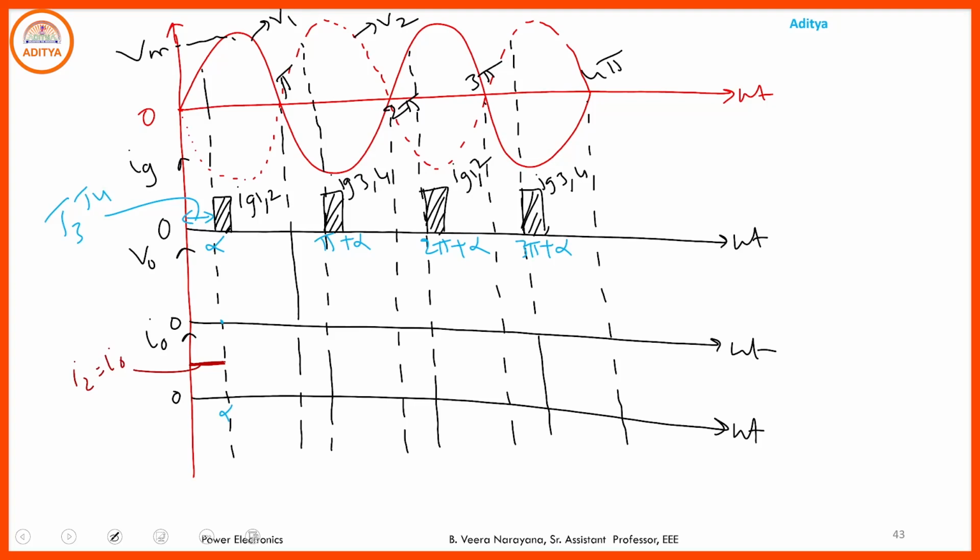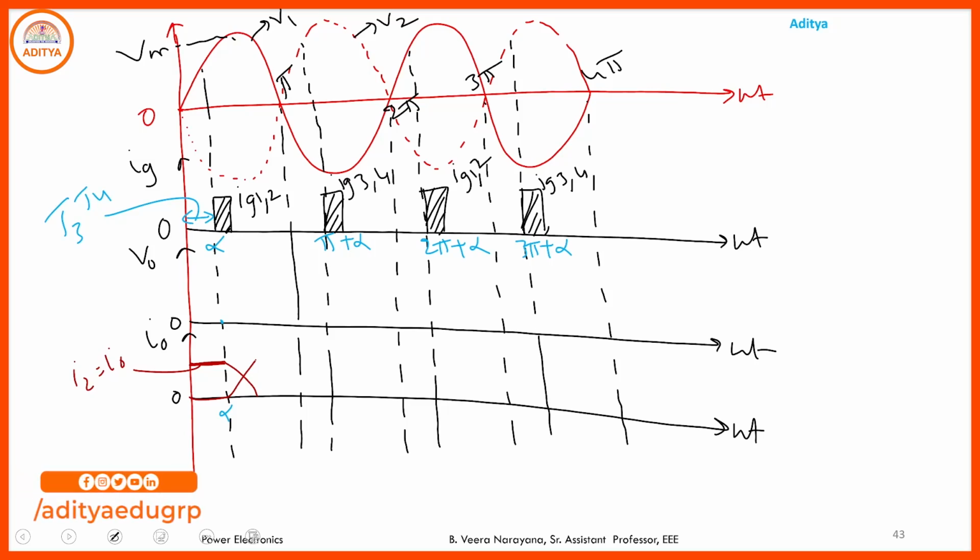One of the important properties of the inductor is that it does not allow a sudden change of current. Due to that, what happens here? Due to the presence of the source inductance, the output current slowly transfers to T1, T2, and T3, T4 slowly go to the off state.